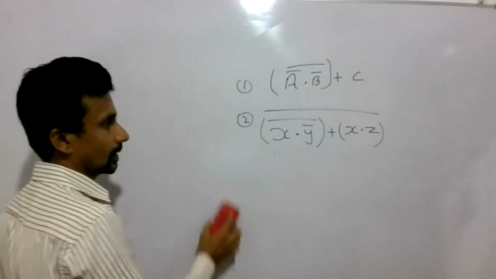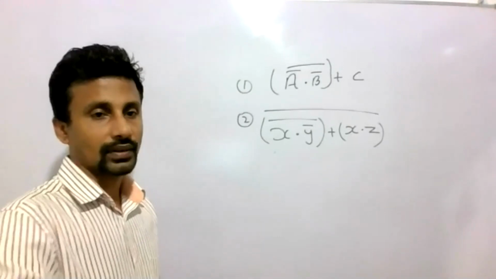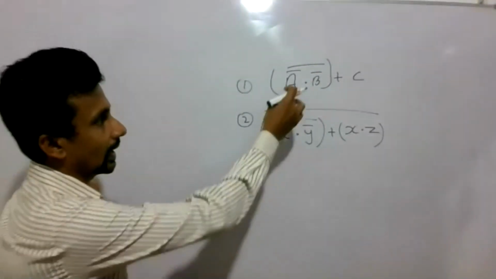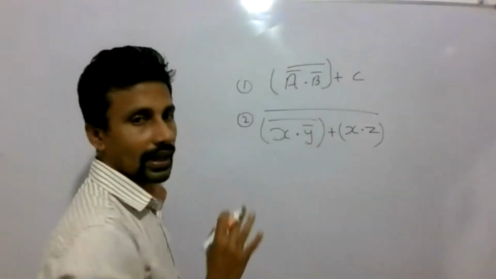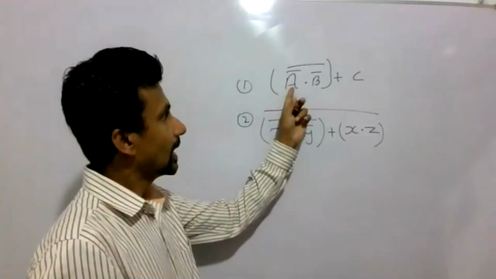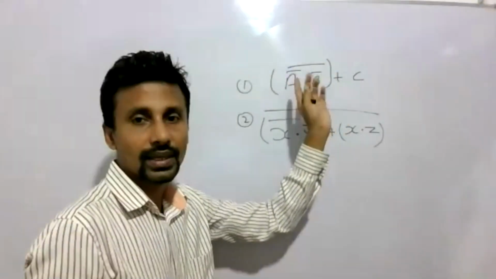Okay. These are the two expressions which I have given. We'll see how to draw that. First one, A dash dot B dash. A and B are connected with what? Dot and dash. That means NAND gate.